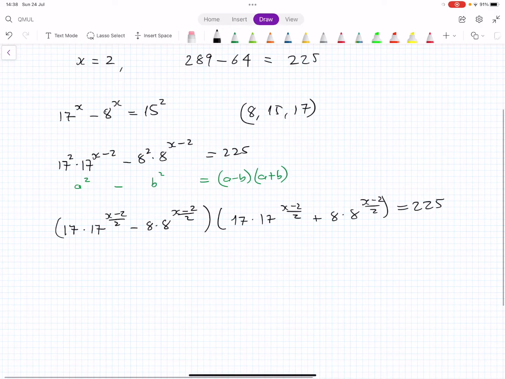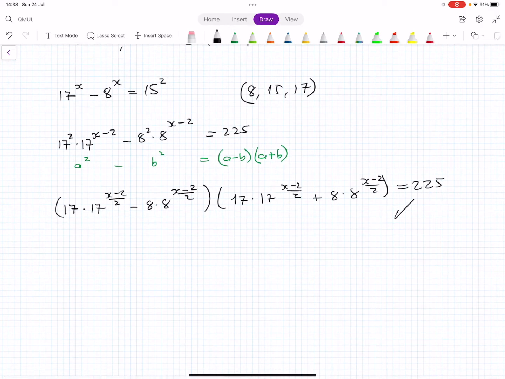But you can rewrite 225 as 17 minus 8 times 17 plus 8.